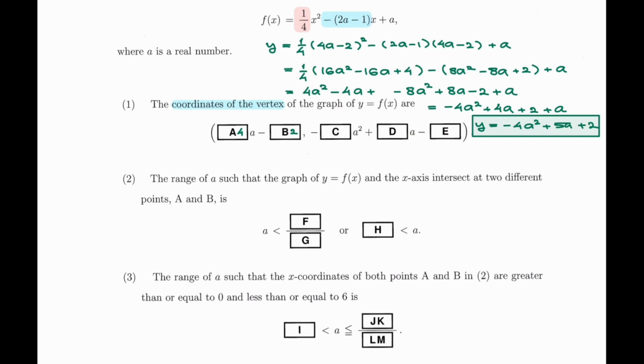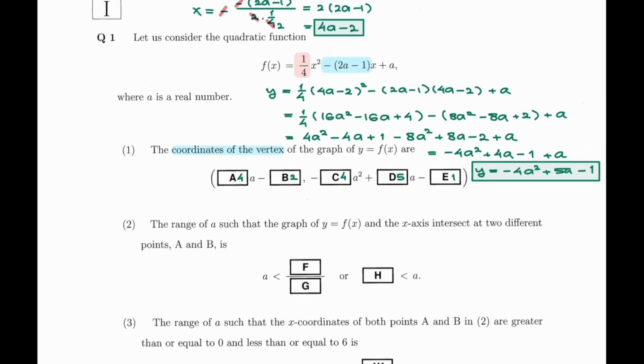So this is 1. So 1 minus 2, you will get minus 1. So my final answer, instead of plus 2, should be minus 1. So C is 4 and D is 5. E equals 1. This is for the first question.